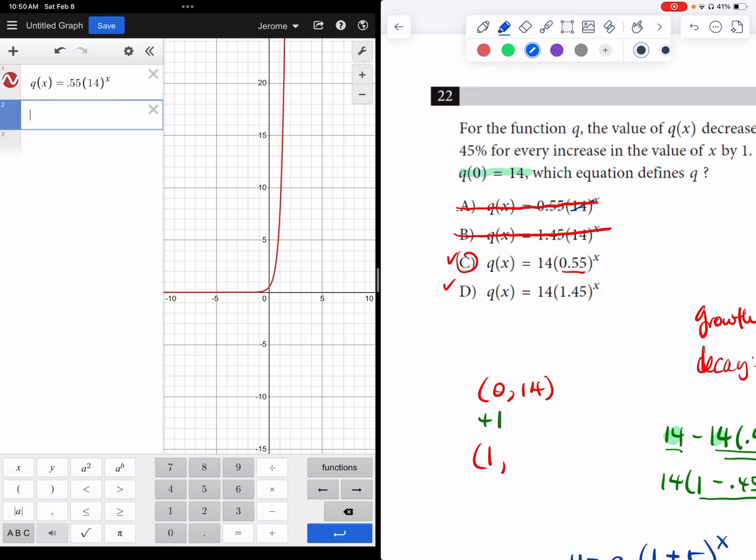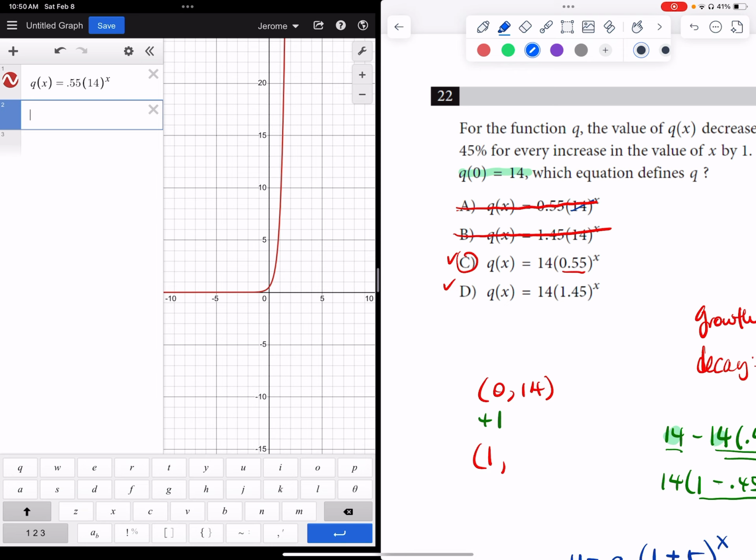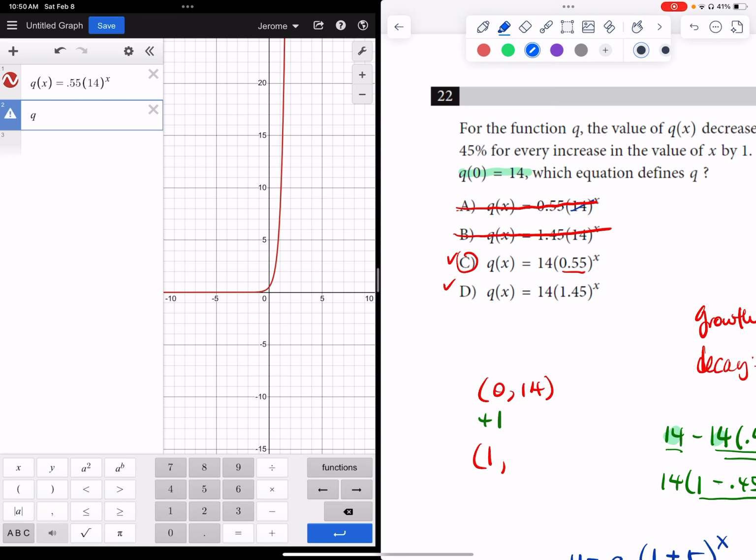And now on the second line, I'm just going to plug in my 0. And the benefit of having function notation is that you can just do function evaluation as q of 0, and you can see pretty clearly that it's not equal to 14. So at this point, what you can do is you can just go up and change each one of your values pretty quickly and check the next answer choice.